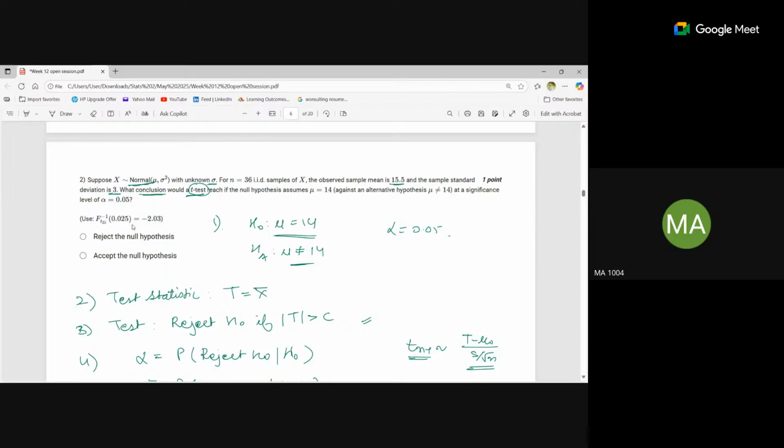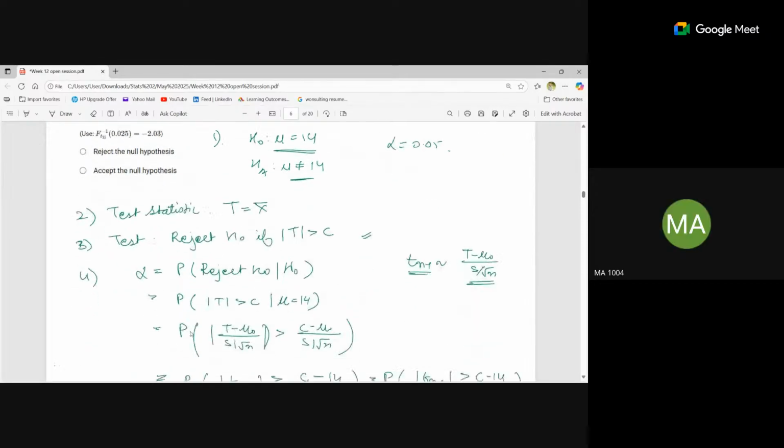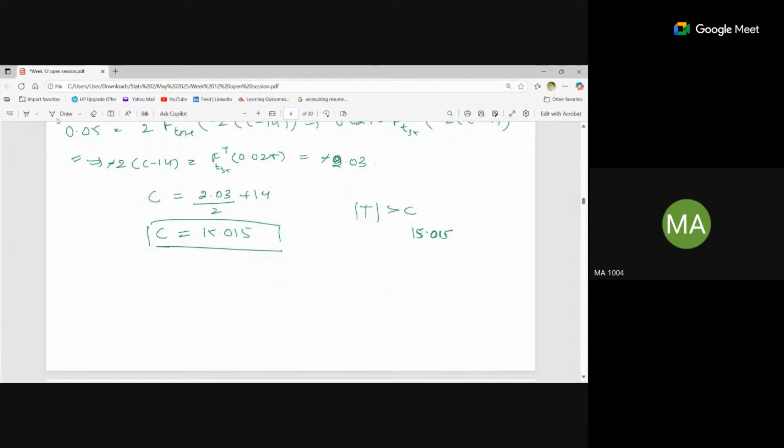Oh, sorry, 15.5. So my mod of T is coming out to be 15.5. Is it greater than c or less than c? It's greater than c. So what would I be doing? Will I be rejecting or accepting the null hypothesis? Reject. So we would be rejecting the null hypothesis.